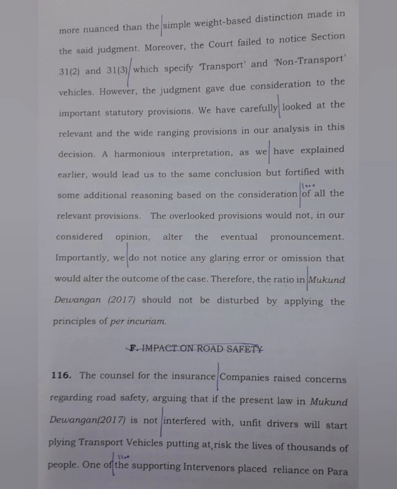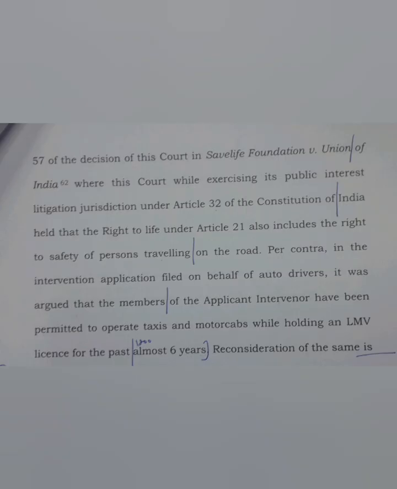One of the sporting interveners placed reliance on para 57 of the decision of this court in Save Life Foundation versus Union of India, where this court, while exercising its public interest litigation jurisdiction under Article 32 of the Constitution of India, held that the right to life under Article 21 also includes the right to safety of persons traveling on the road.